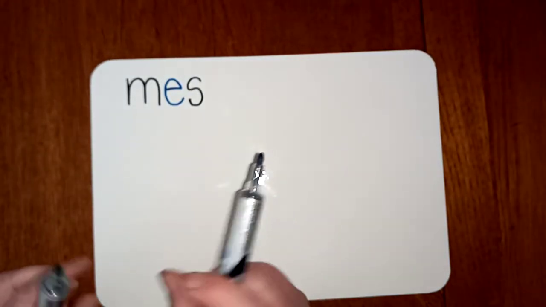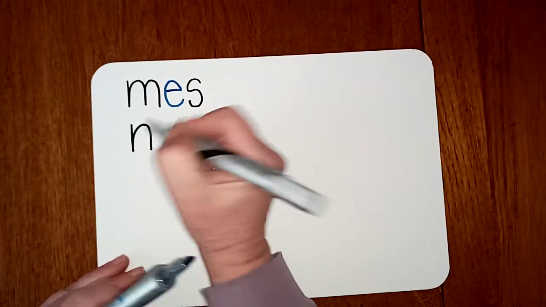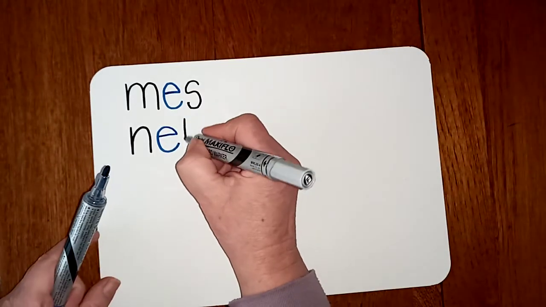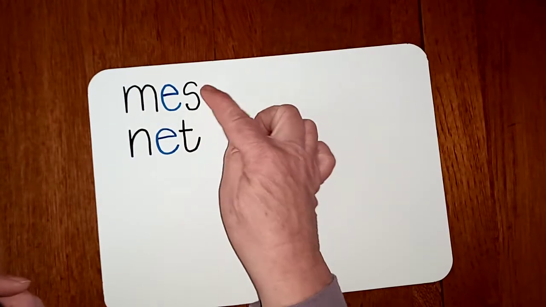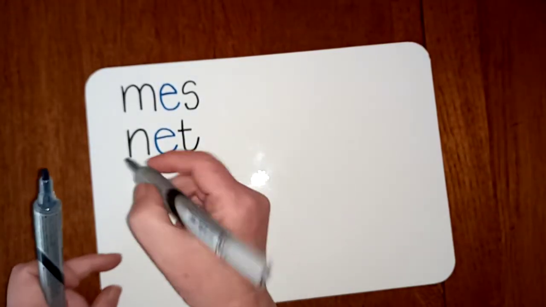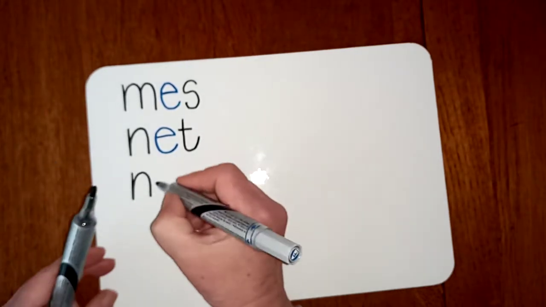The next one was net. And that one's the same as the English. So it's your little fishing net that you would use at the beach if you were lucky enough to be at the sea. Mes, knife, net. And we say E. Then nes. Can you remember what that was?